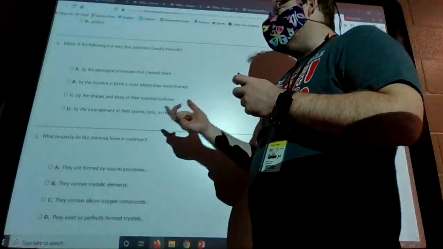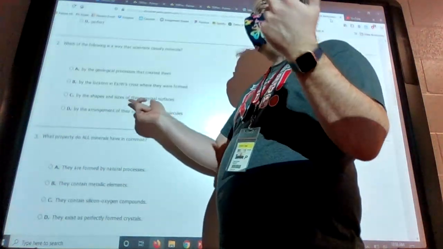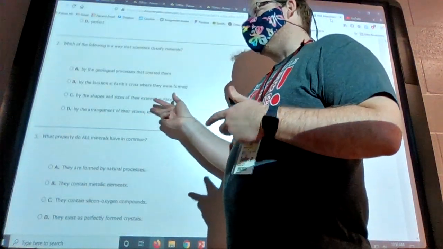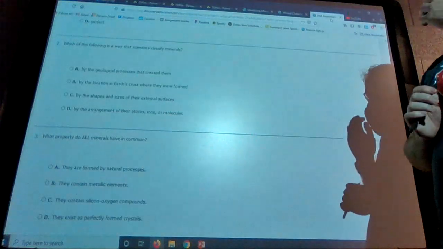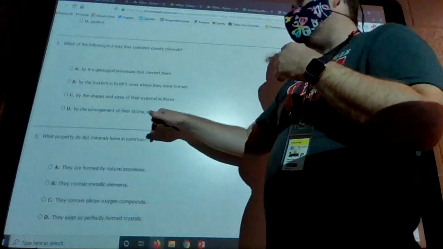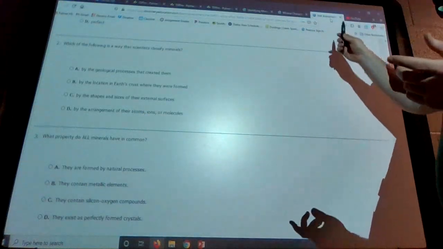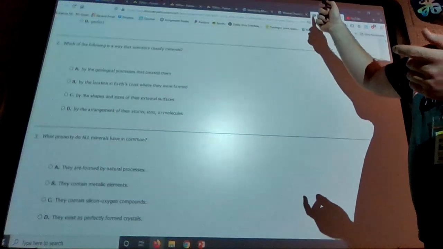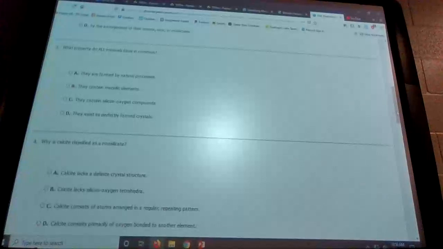I think the arrangement of their atoms, ions, or molecules is the reason they have a specific shape. So D over C. But just take a look and see if you think that one's better than one. I'm kind of leaning towards D here and the arrangements of their atoms, ions, and molecules. But there are several different ways you can kind of classify minerals depending on which one you have.